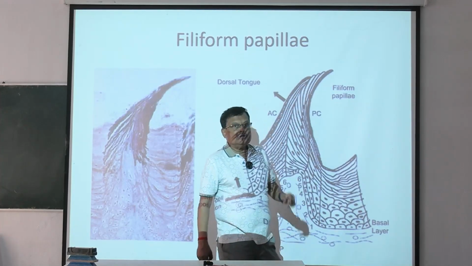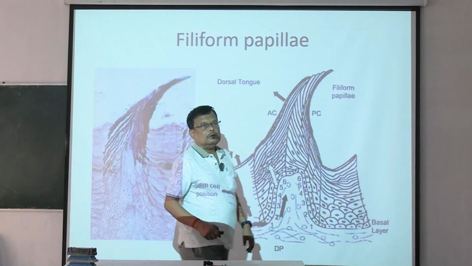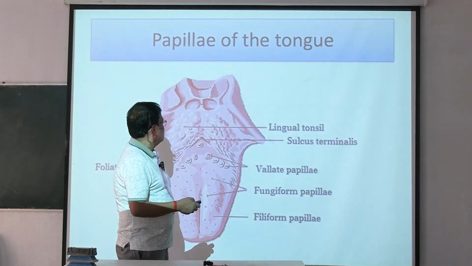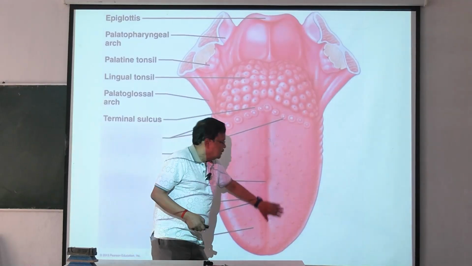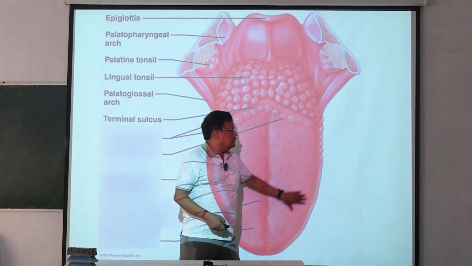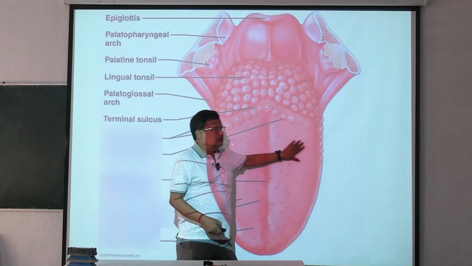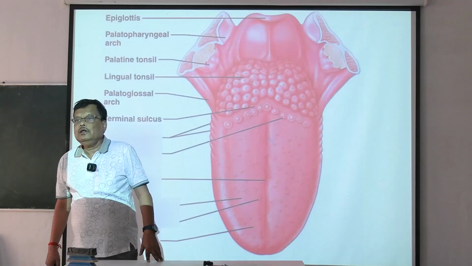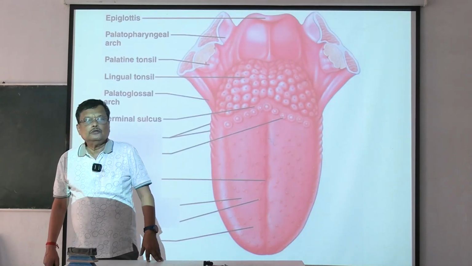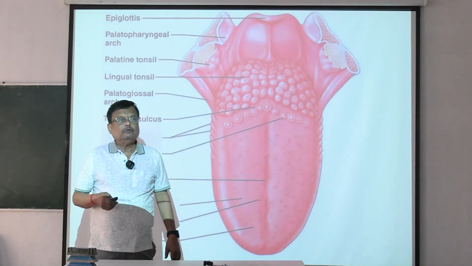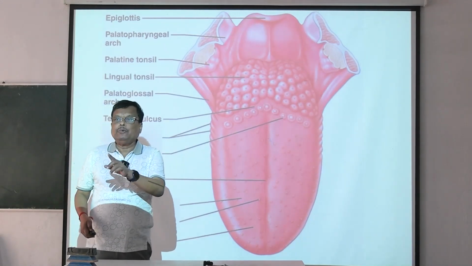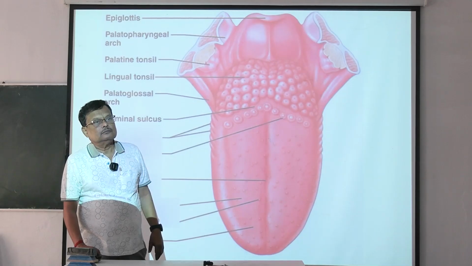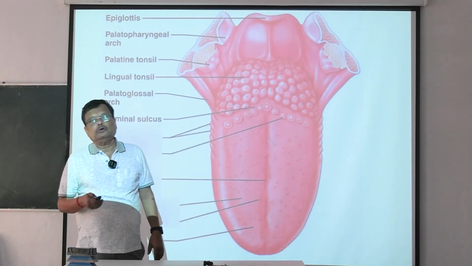Even in microscopic feature, it looks like that, like a thorn, and is situated on the dorsal aspect of the anterior 2/3 of the tongue. This is known as the Filiform Papillae. Filiform Papillae is thorn-like, and these papillae do not contain any taste bud. Though they are papillae, they do not contain any taste bud.